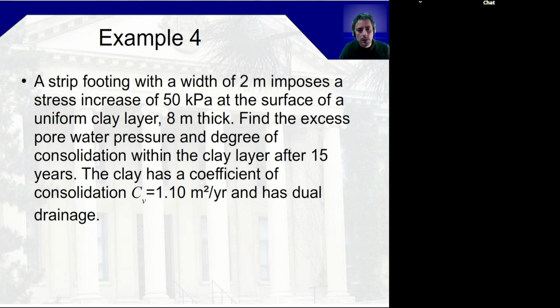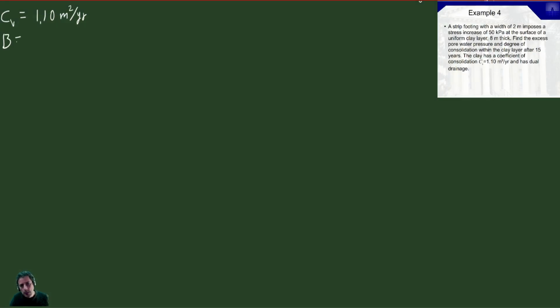The width of our footing is 2 meters, and we said in our case we are using delta Z equal to 0.1 meter, and the initial applied stress is equal to 50 kPa for our little example.